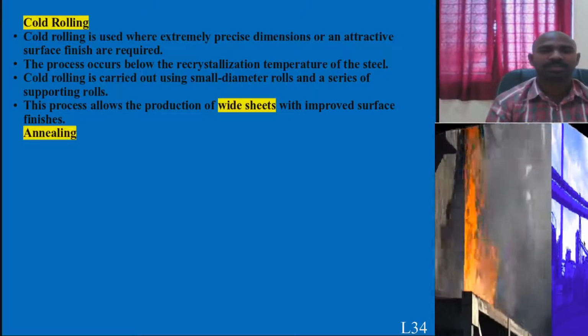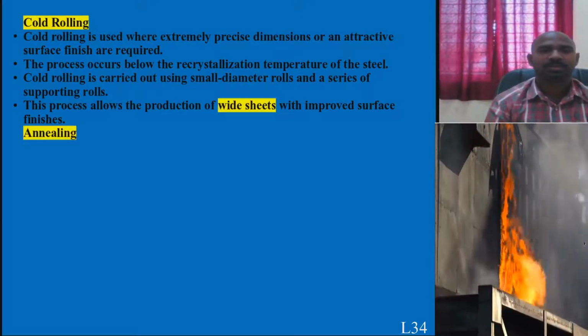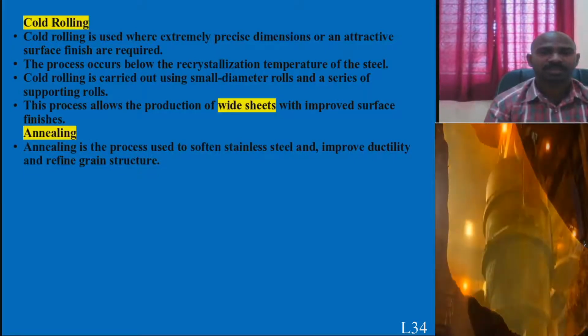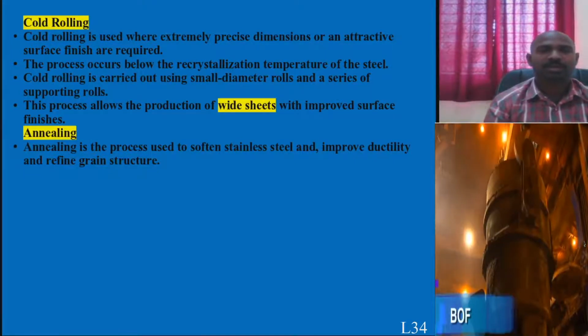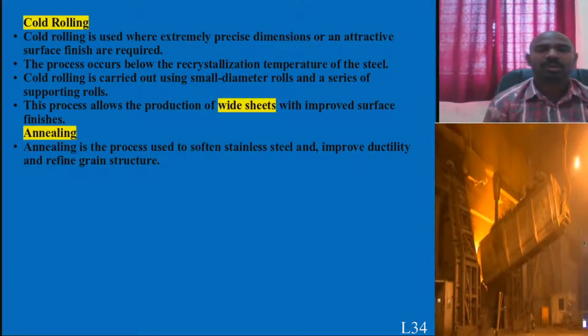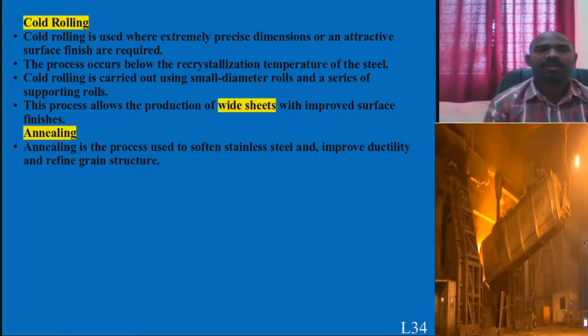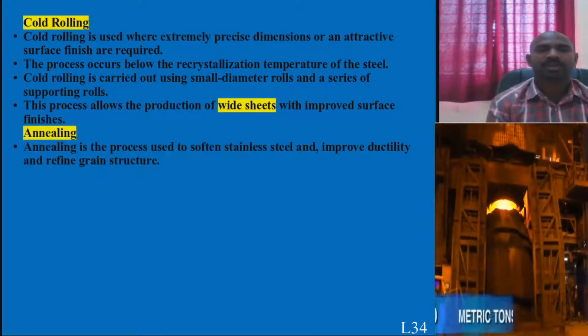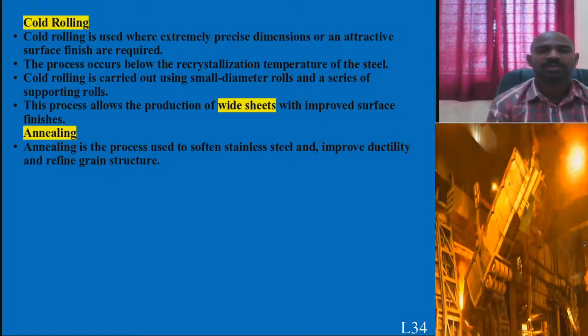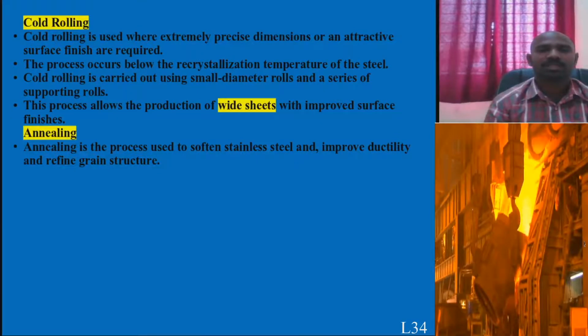Now annealing process is also important. Why do you need annealing process? For example, the application finds that the material should have high ductility. The grain structure is supposed to be refined grain structure or smaller grain structure. You can achieve this by annealing process, by softening method, which is called softening process.